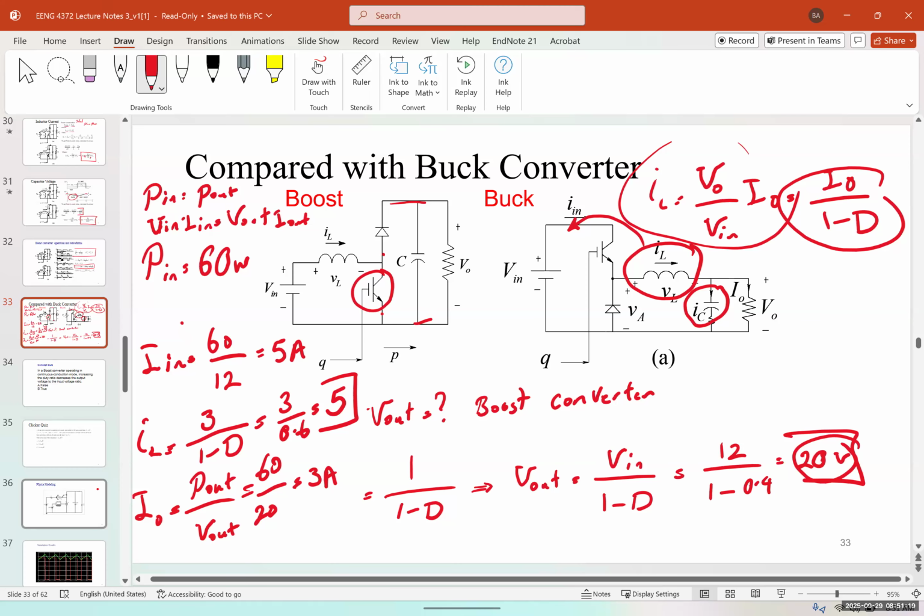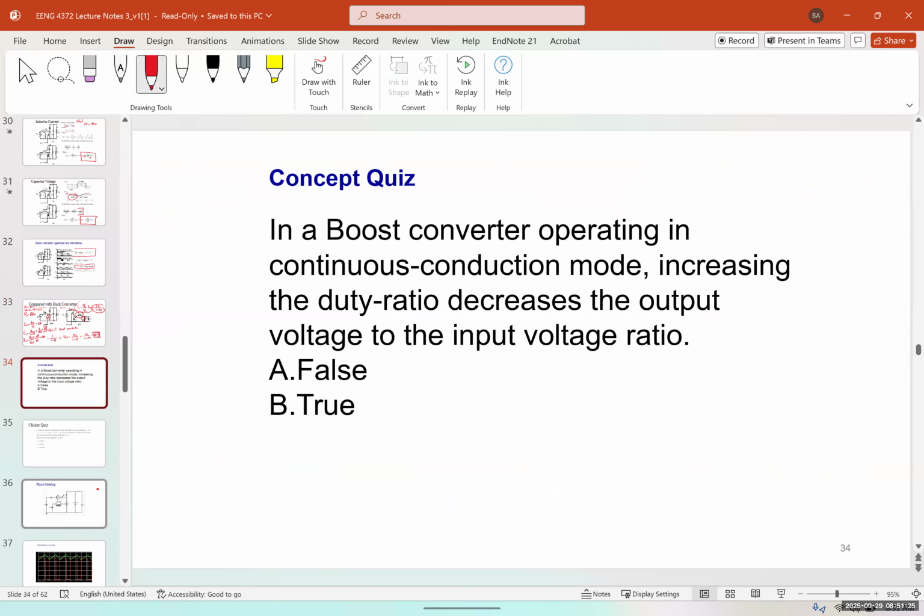Is it clear? Okay. So Iin is equal to IL. We didn't even need to do that, but I wanted to show you because the system is ideal and lossless. Obviously, this doesn't apply in a real world scenario.